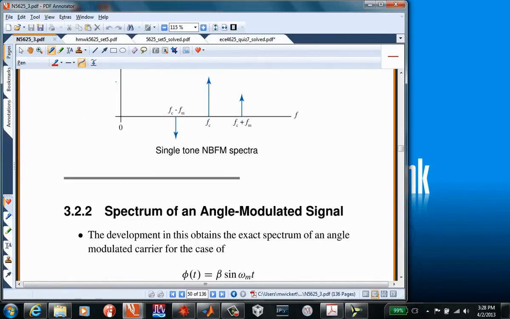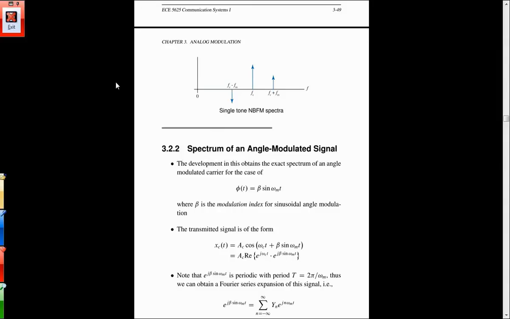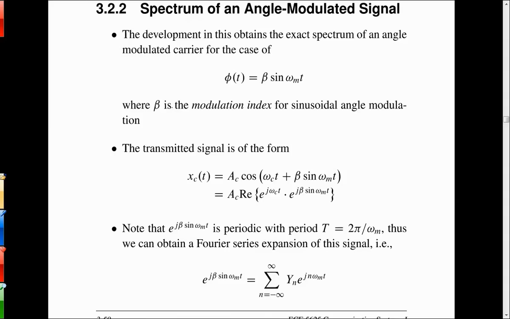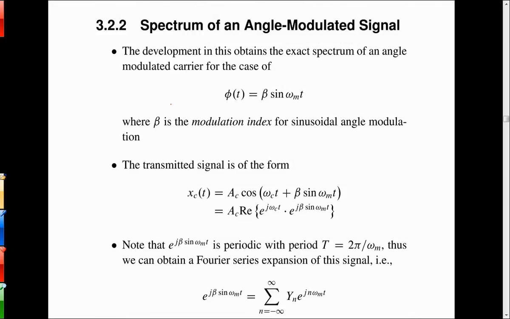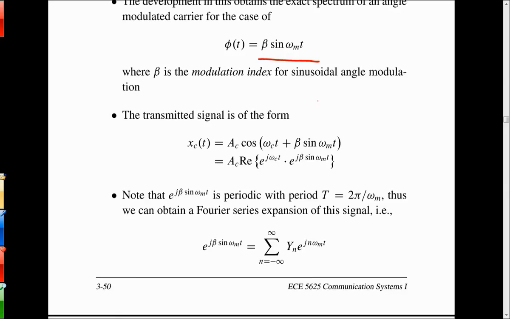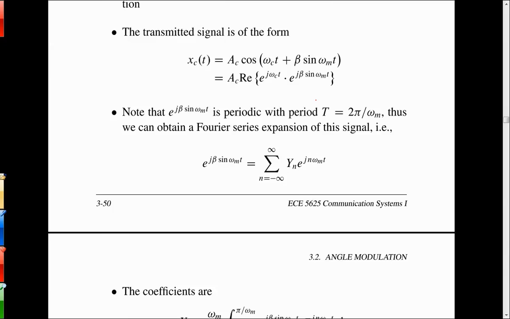Okay, moving back to where we left off two weeks ago. We're looking at the spectrum of an angle modulated signal, and we were focusing on the case where the phase deviation was sinusoidal, and that bumped us into wanting to get the spectrum of this signal.